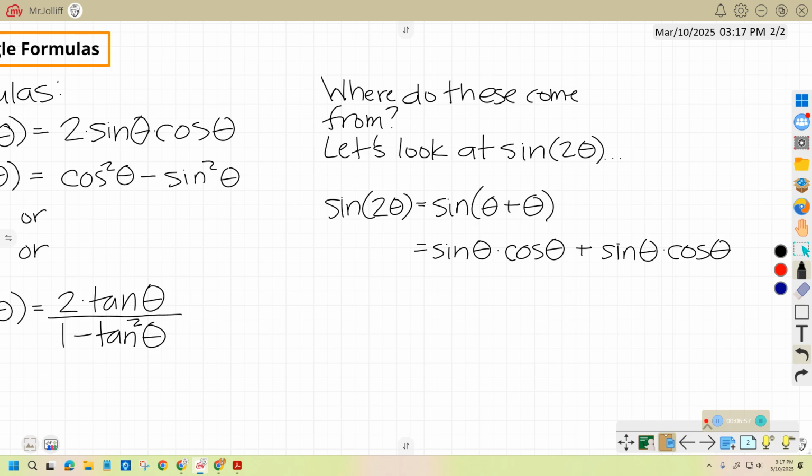Except now the first and the second are the same angle, theta and theta. I don't have A and B, I have theta and theta. Which means I now have sine times cos plus sine times cos. Which means I have 2 sine cos. 2 of them added together.